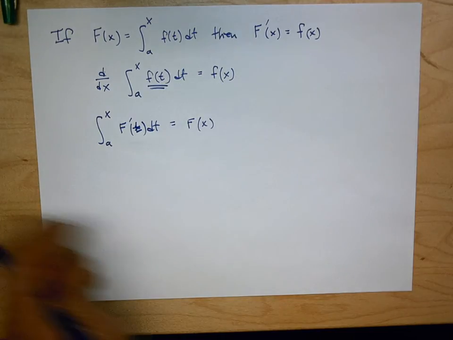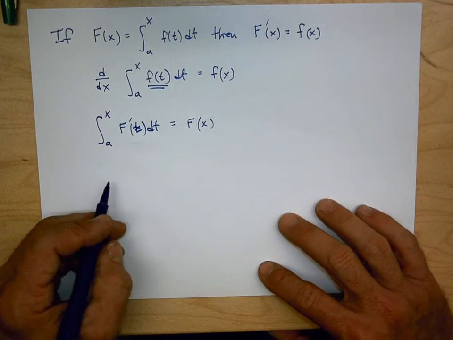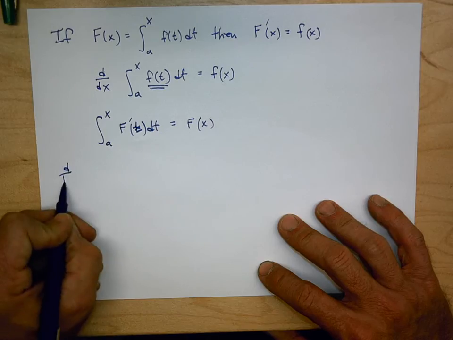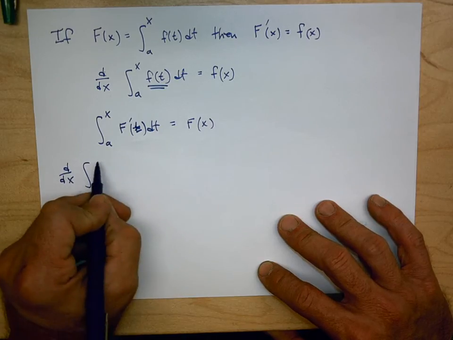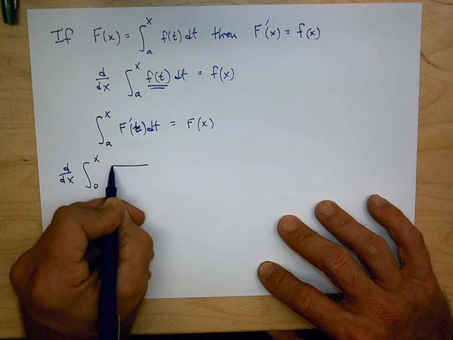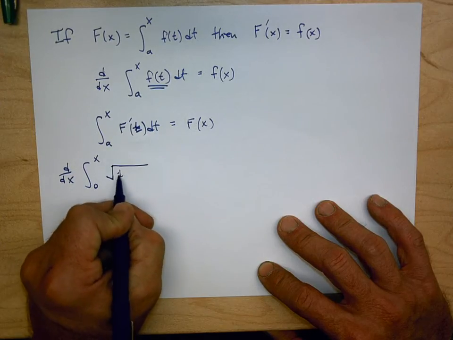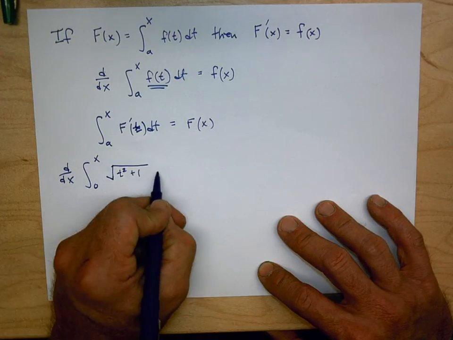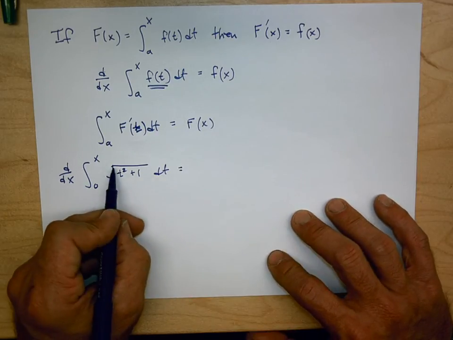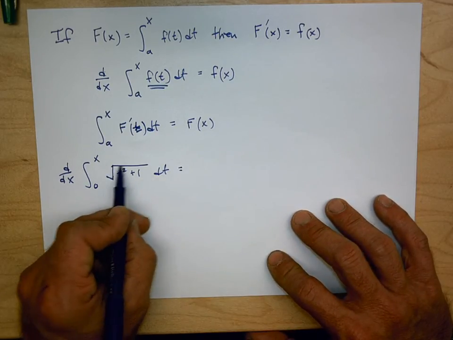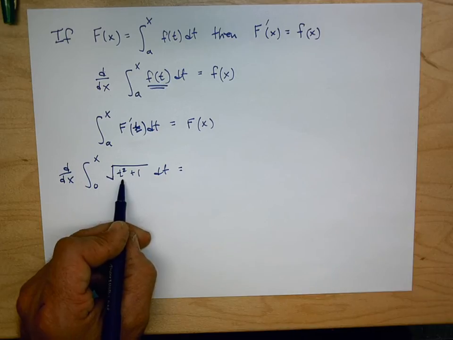Okay, so let's just see how we might use this. Here's a quick example to start us off. I take the derivative from 0 to x of the square root of t squared plus 1 dt. All right. Now, what's nice about this is I don't have to try to find the antiderivative of this function.